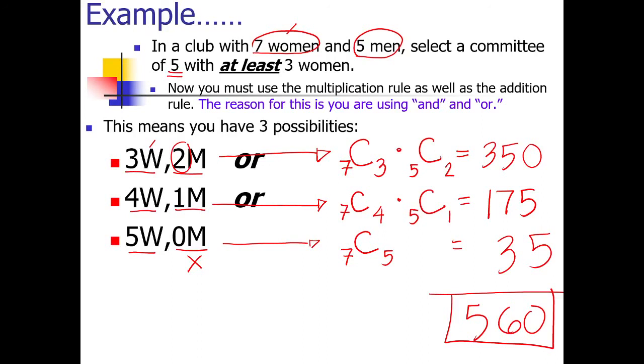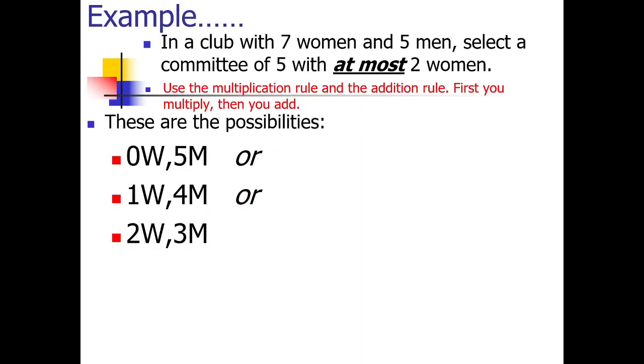Okay, let's continue. Let's have our last problem for this morning. There you go. In a club, you have 7 women and 5 men. Select a committee of 5 at most. This time, I'm using the word at most. When I say at most, 2 or less. So it can be 2, 1, or 0. So, I wrote here: either 2 women, 1 woman, or no women. Do you understand, Section Zircon?